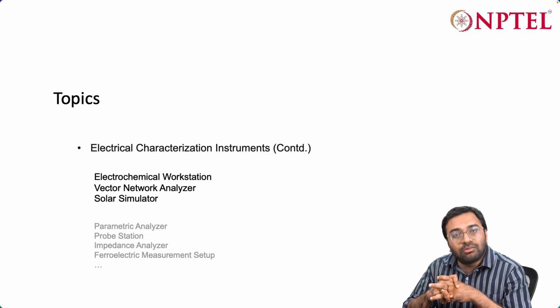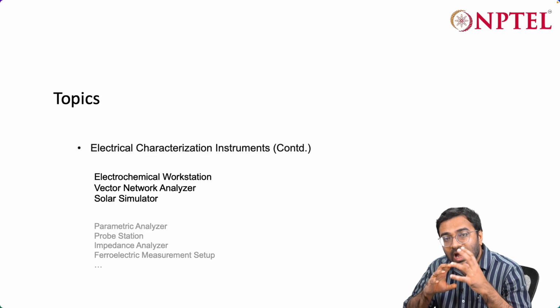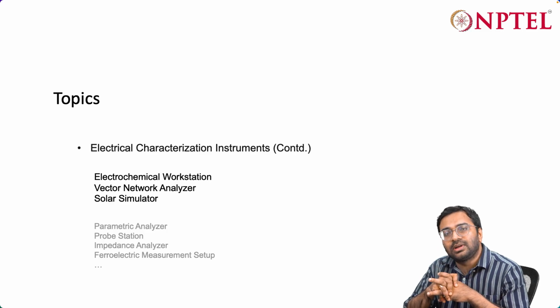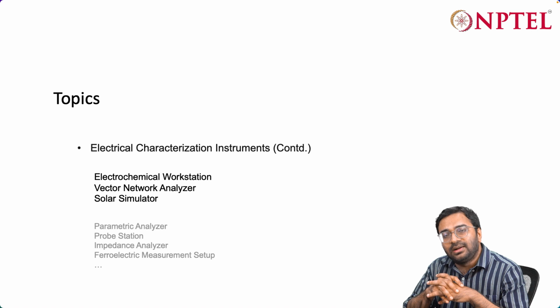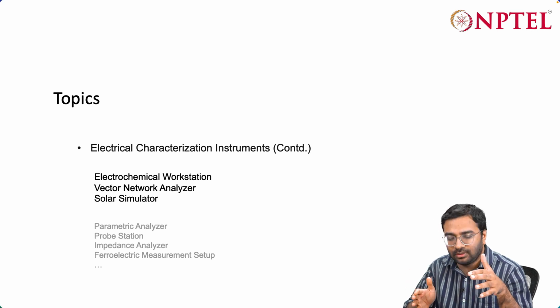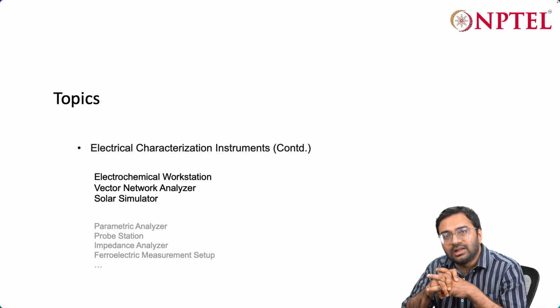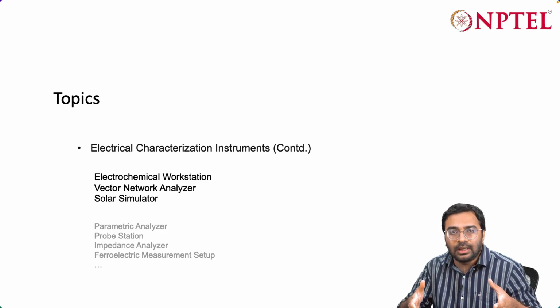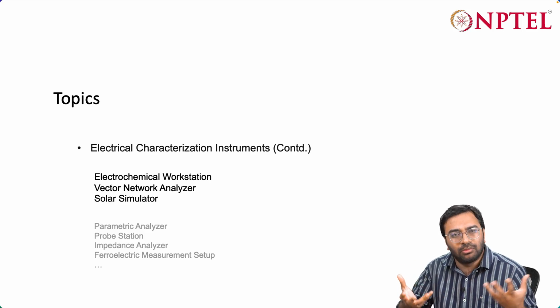Then we have the vector network analyzer. A vector network analyzer is a very important device for RF device characterization and RF circuit characterization, and the one that I will show in this lecture is a handheld one, a pretty small 2-port vector network analyzer. But you may also find vector network analyzers that are benchtop and have higher or maybe lower specification.